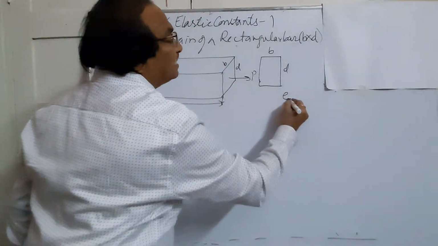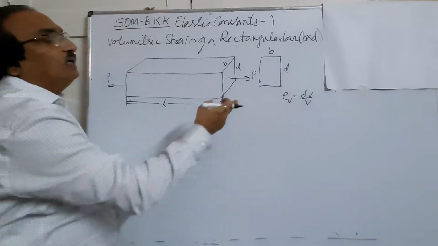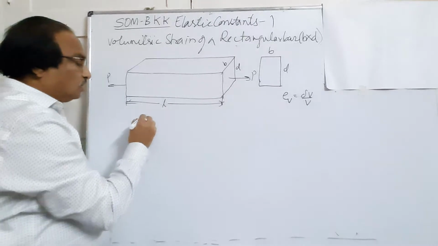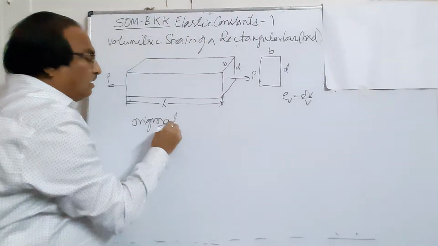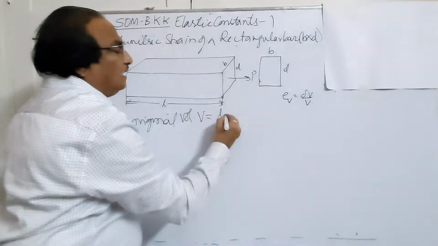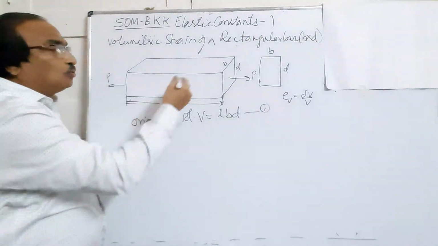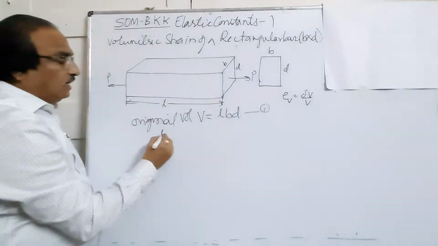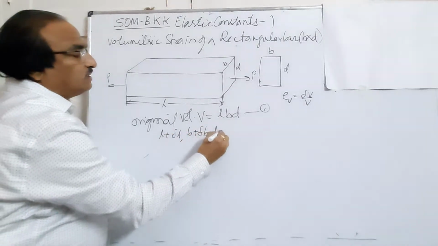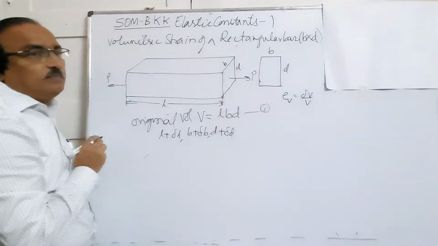So volumetric strain is epsilon V. We have seen just now it is change in volume by original volume. We'll determine what is the change in volume taking place and the original volume. So what will be the original volume V? Volume of this rectangle is L into B into D. Then due to the load, it will deform to L plus delta L, B plus delta B and D plus delta D. Generally we will take the term as plus.